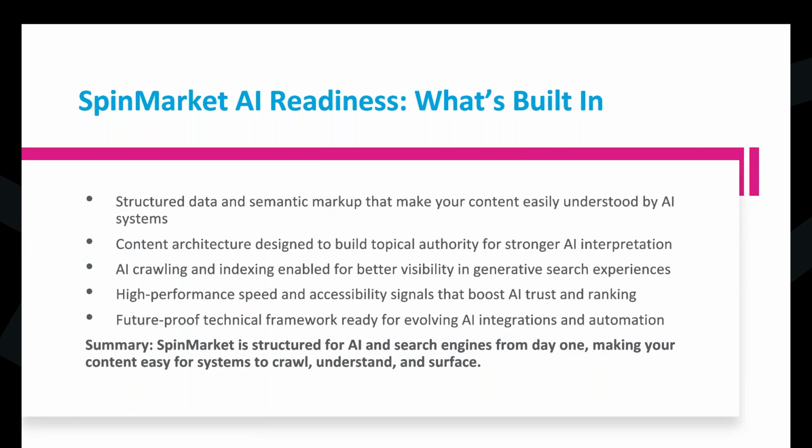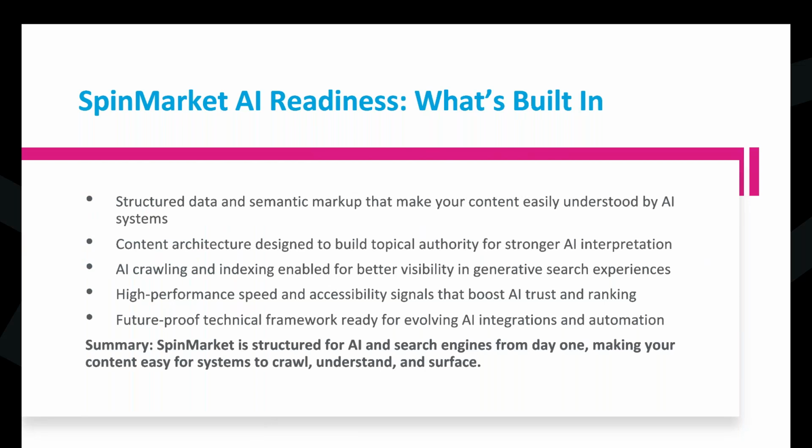AI systems are deciding which products and brands they trust enough to include in those generative answers. The structure of your site matters more than ever. And the good news is that SpinMarket has AI readiness built into the foundation. That starts with structured data, fancy words, semantic markup, and a bunch of other things. This is so AI systems can actually understand your products and the relationship between them. Relationships are super important when it comes to AI.